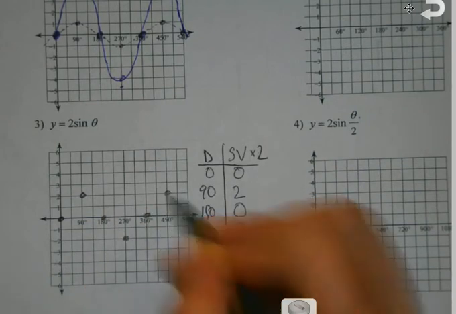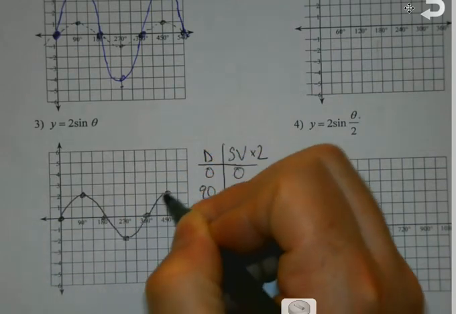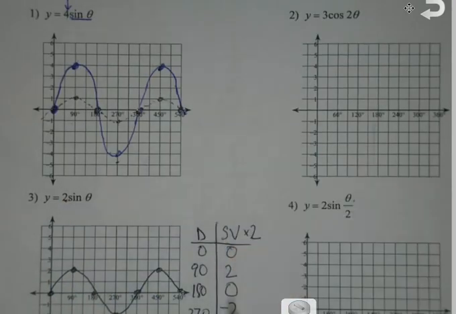And then I would just keep going with the pattern myself. But you'll notice this isn't as curvaceous as number 1 is, because my amplitude, my A value, is a little bit smaller. So that's just something to keep track of.